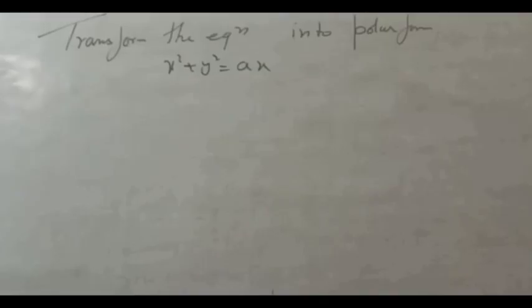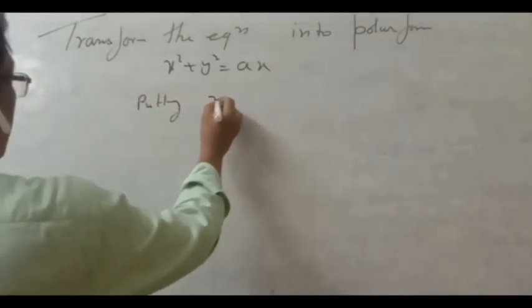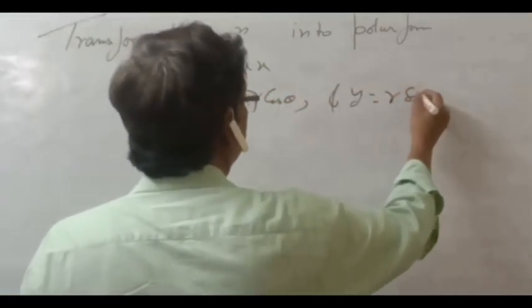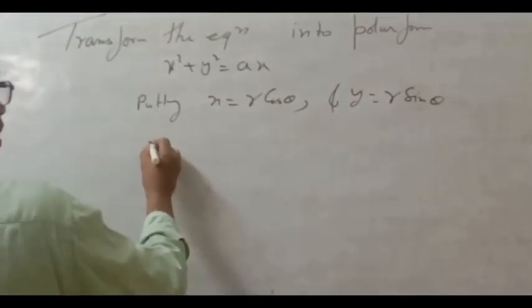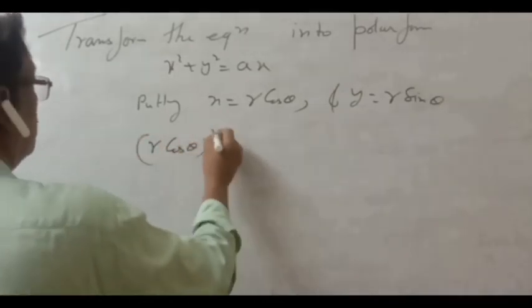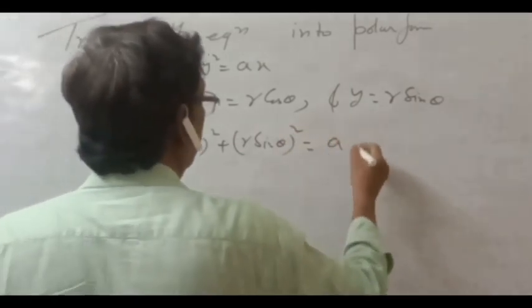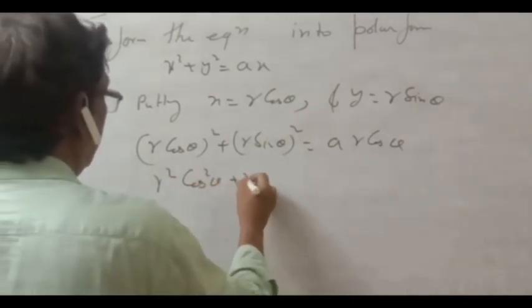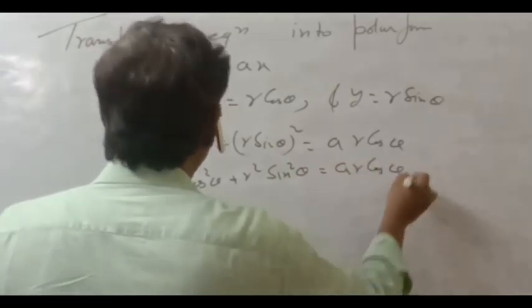Now convert into polar: x square plus y square is equal to a x. Putting x is equal to r cos theta and y is equal to r sin theta. Then r cos theta whole square plus r sin theta whole square is equal to a r cos theta.